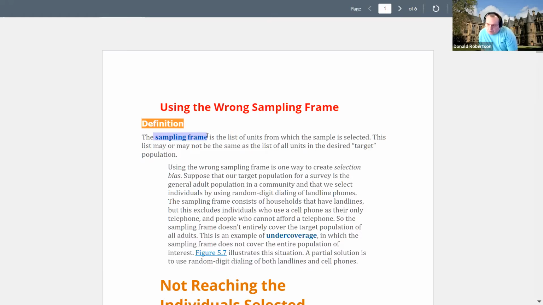So what kind of people would you miss in a story like the one I've just did? So the sampling frame is people who have telephones of which I know the number. Who do you miss? Who do you not get to talk to? The general community.